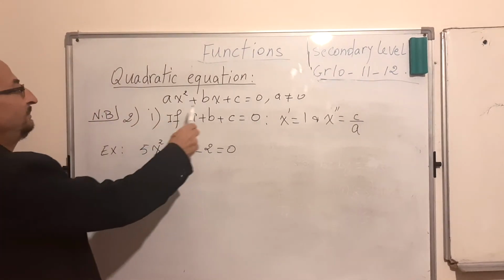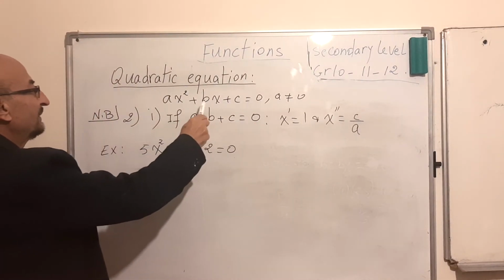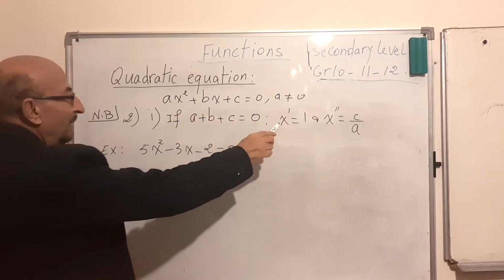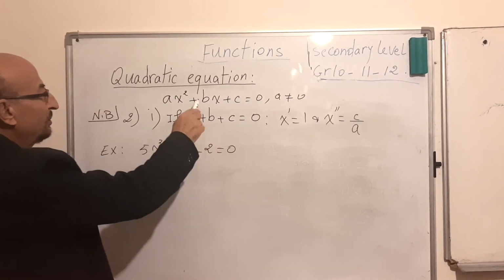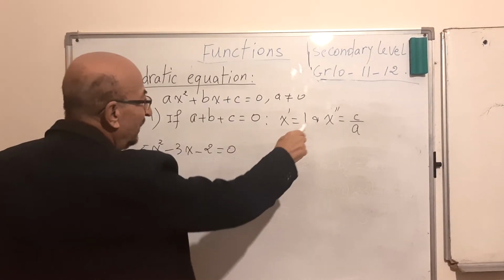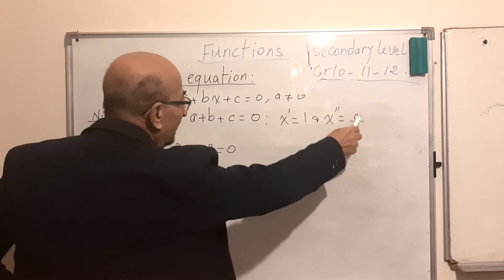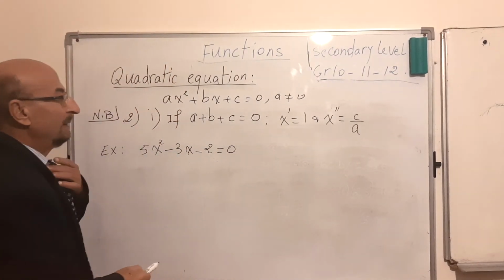If the sum of the coefficients a plus b plus c equals 0, the equation has two real roots, x prime equal 1 and x double prime equals c over a.